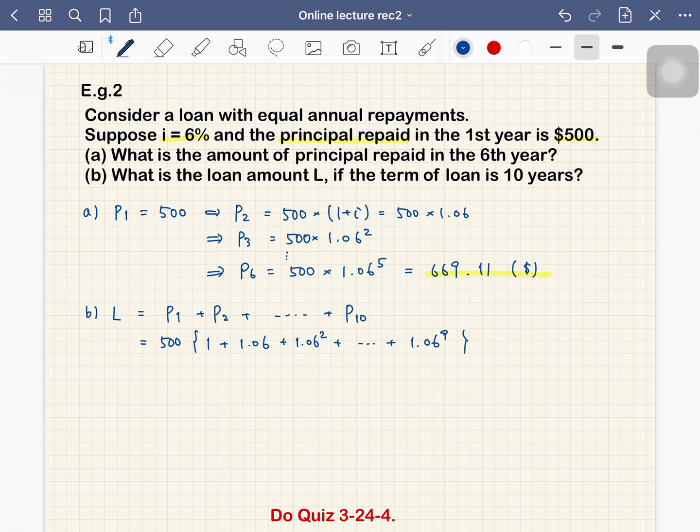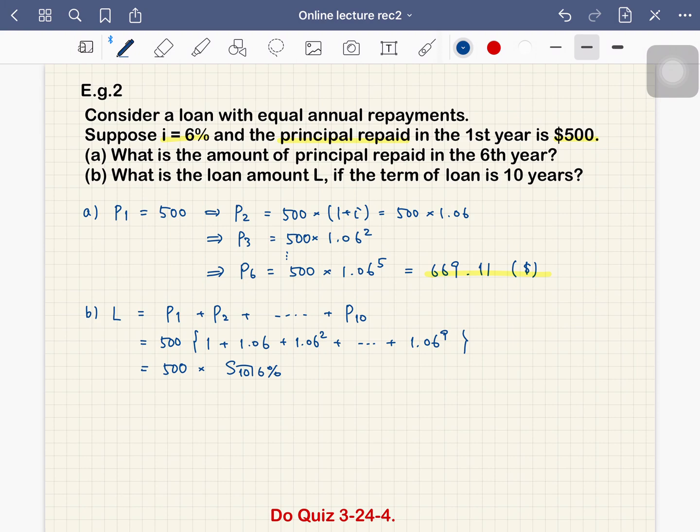So this is equal to 500 times the accumulated value of an annuity immediate of 10 years at 6%.